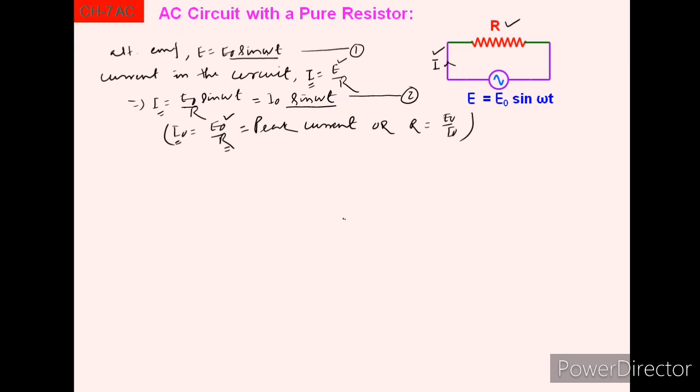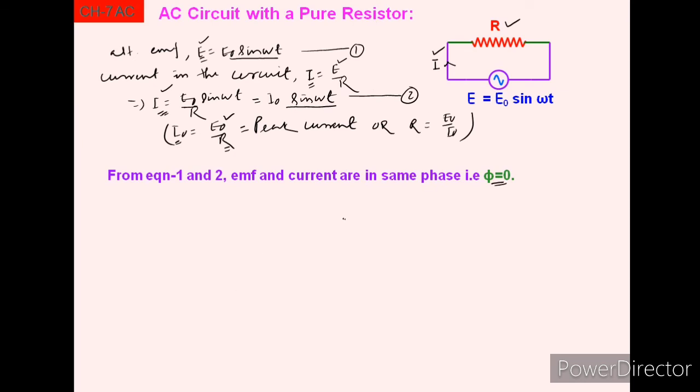Then we can see that between E and I no phase difference arises, because the plus phi term is not there, or phi is equal to 0, so there is no phase difference between E and I. So from equations 1 and 2 we can conclude that there is no phase difference between alternating EMF and current in case of a resistive circuit or pure resistor circuit.